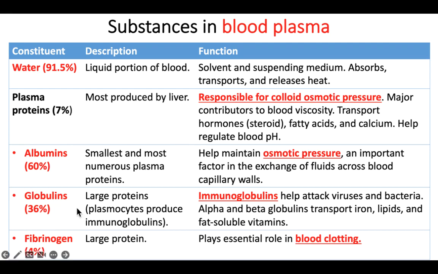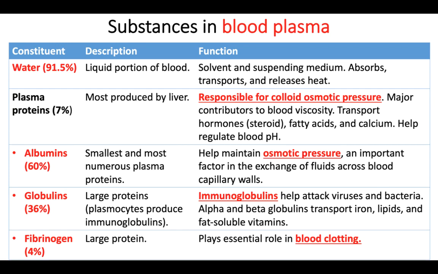Globulins, there's a whole bunch of different types of globulins. One form of the globulins are the immunoglobulins. So these are part of your immune system. And you've probably heard about antibodies at some point, especially during COVID. I think the word antibody was thrown out quite a bit during COVID because you want antibodies.